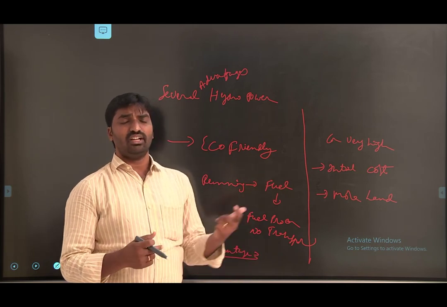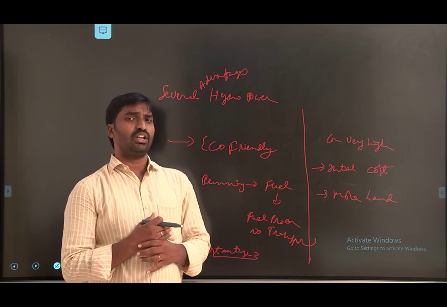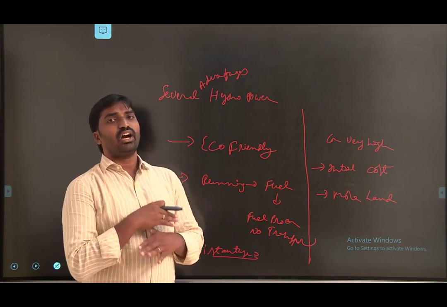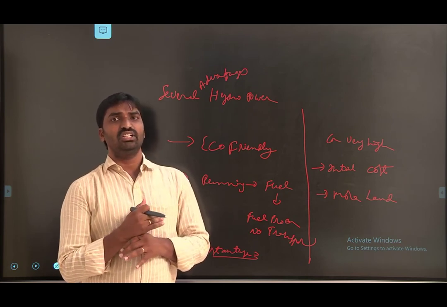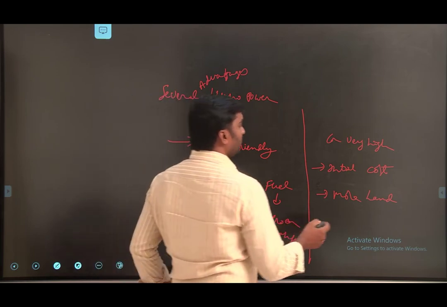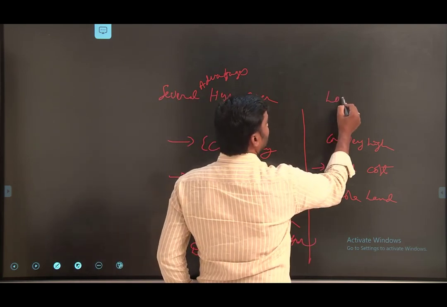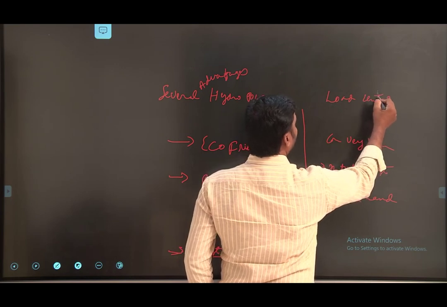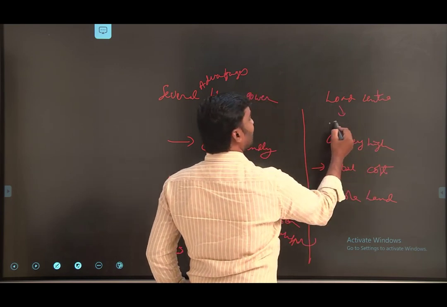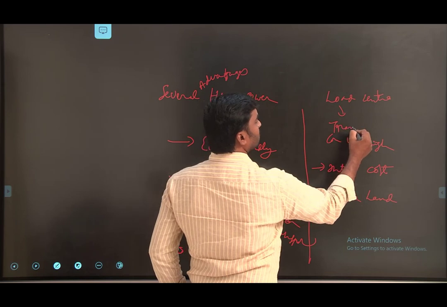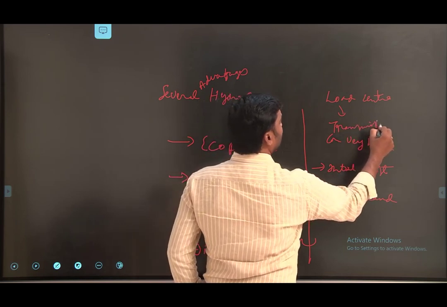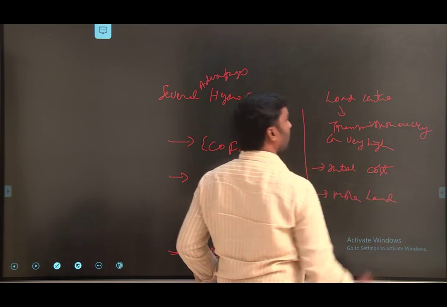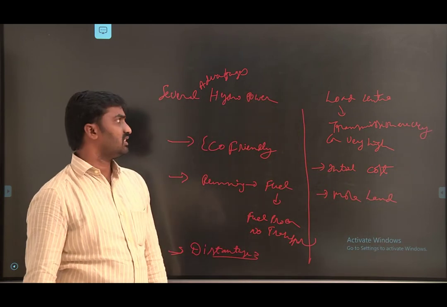And the biggest disadvantage of a hydroelectric power plant is that the load center is very far away from the hydroelectric power stations, because we need separate places. Due to the far away load centers, the transmission losses are very high in the case of hydroelectric power stations.